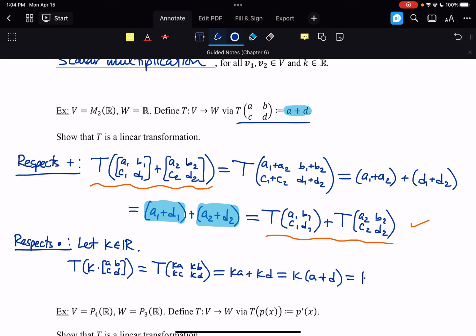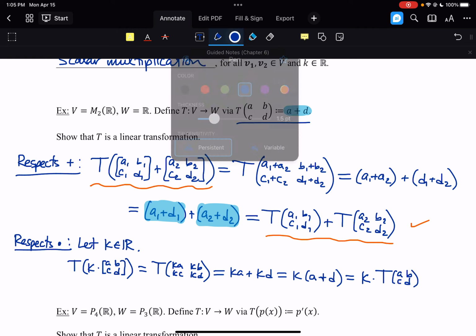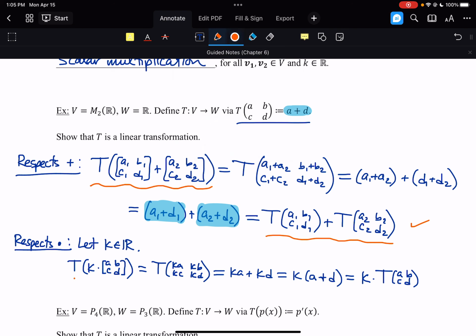So this is k times the transformation of [a, b; c, d]. So once again, we have the transformation of k times the vector is k times the transformation of the vector. So this does respect scalar multiplication.